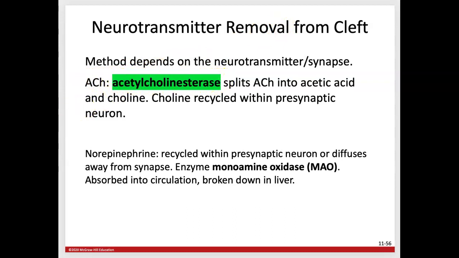Actually, there are a couple of different ways that acetylcholine is removed. Acetylcholine can diffuse away, and some of it will be broken down by acetylcholine esterase. I don't really care what acetylcholine is broken down into, but the parts are then recycled back into the presynaptic neuron.